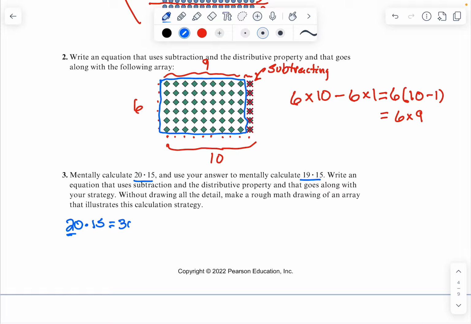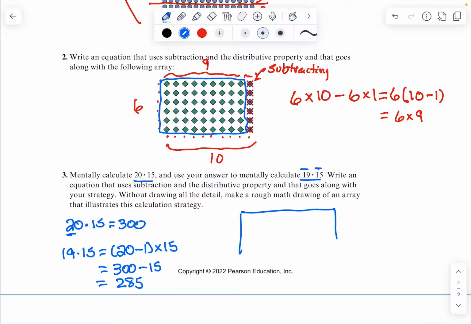So that's 300 total units. And so if I have 19 groups of those 15, 19 groups of those 15 is 20 minus 1 group of those 15s. So that's 300 minus 15 gives us 285.